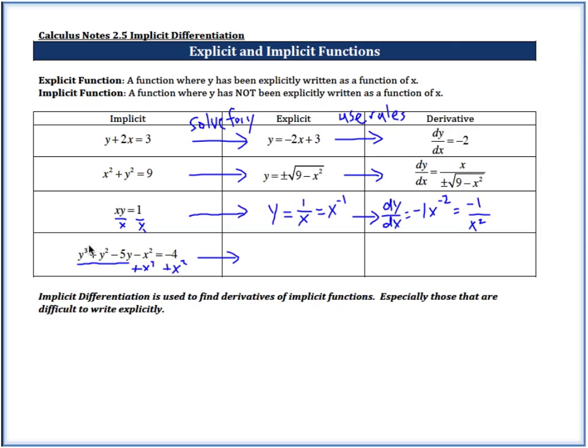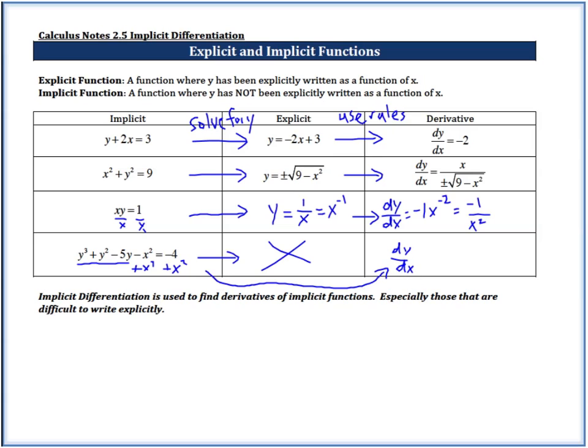Getting y by itself in this case would be extremely difficult. Possible, but very difficult, and we don't know enough yet to do it. So instead, we're going to try to circumvent the explicit function and go straight to the derivative, dy dx.